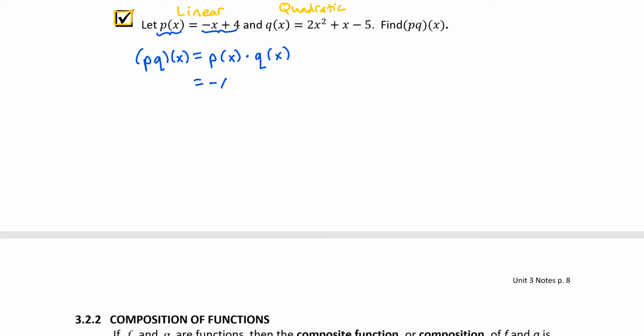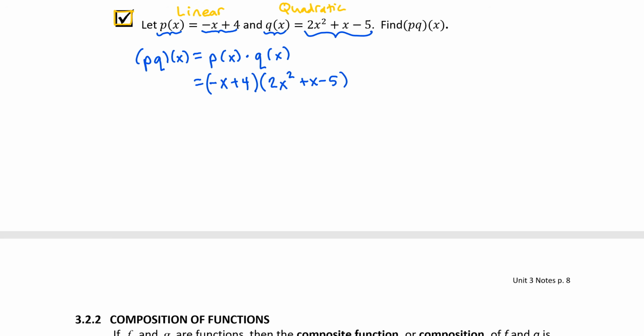So p of x gets replaced with negative x plus 4. Now I'm going to keep that in parentheses so that I can correctly multiply it by q of x. Next, I'm going to find the function called q of x and completely replace the function name with the function rule, 2x squared plus x minus 5.